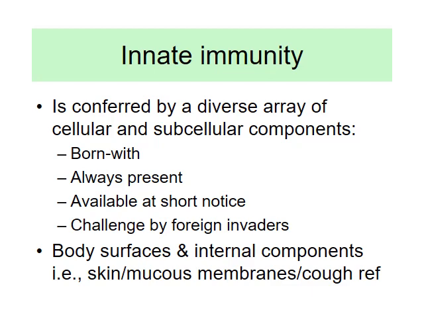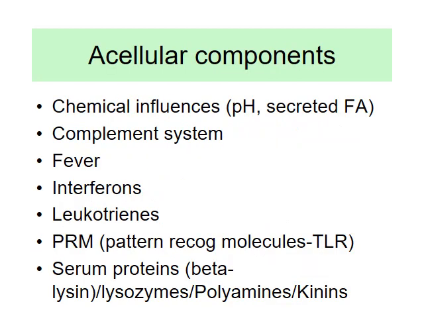So my question is, for example, which of the following would confer innate immunity? I'm going to say, number 1, people are born with it. They're always present. It is available in a short time. It is a challenge by foreign invaders, right? And then I'd say, all of the following will confer innate immunity except. So I'm going to take one from adaptive and put it over there. So this will test whether you understand the differences between innate immunity and adaptive immunity.